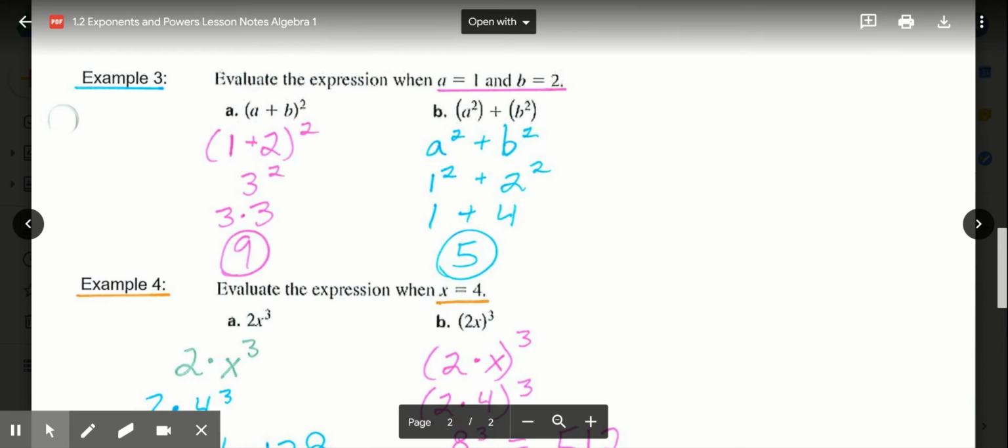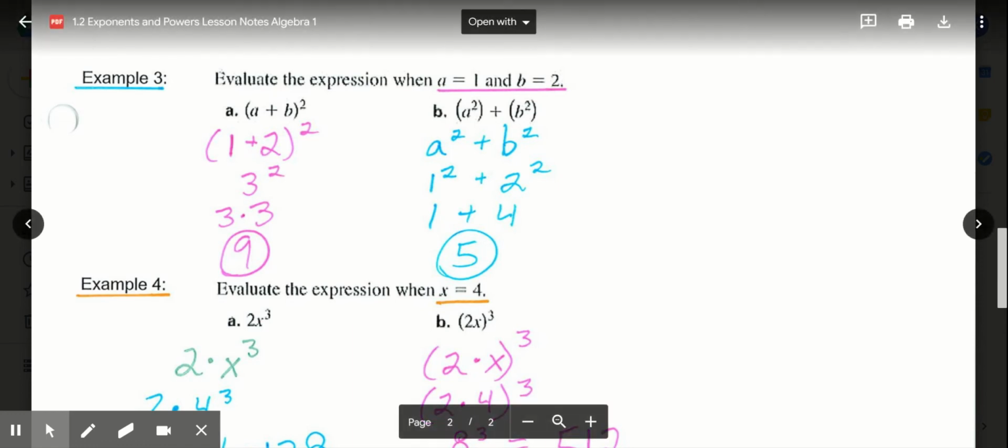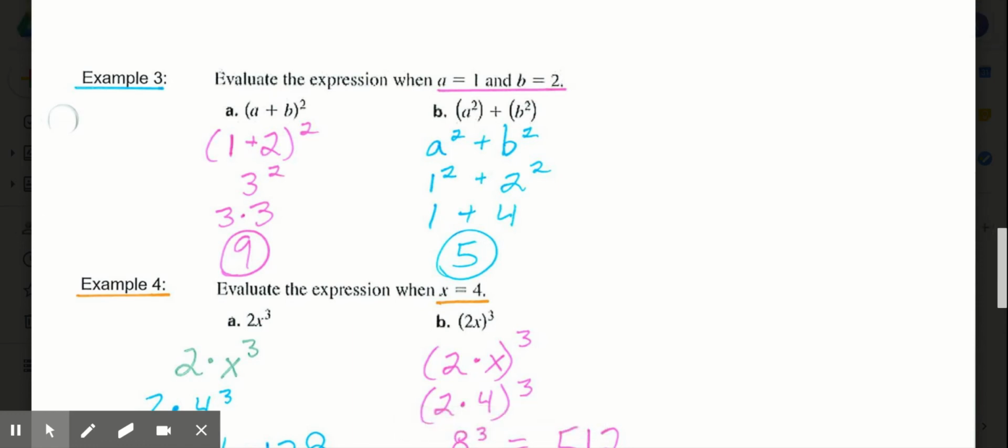So our first one in A is parentheses around A plus B to the second power. So I replace A and B with 1 and 2. And before I do my exponent, I have to do the addition inside the parentheses. So this would be 3 to the second power, which means 3 times 3, or 9.